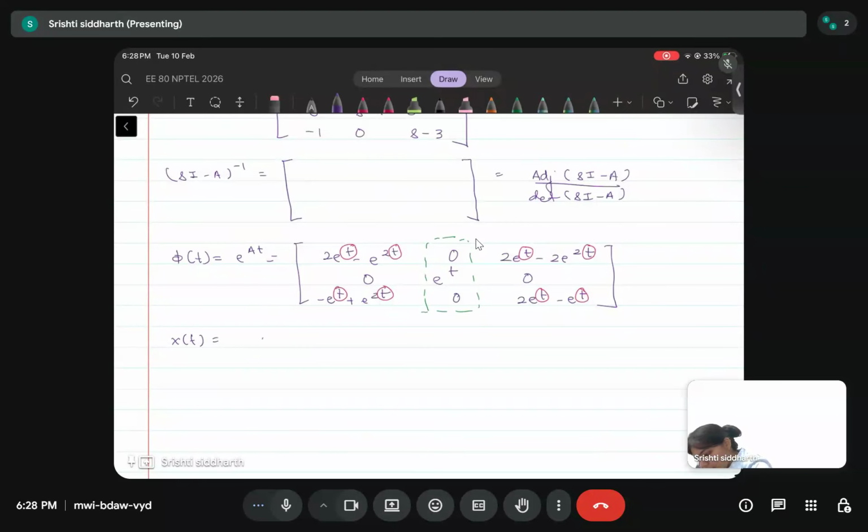So this is 0, e to the power t, 0. You can see that as time goes to infinity, x(t) also goes to infinity, or the solution blows up.